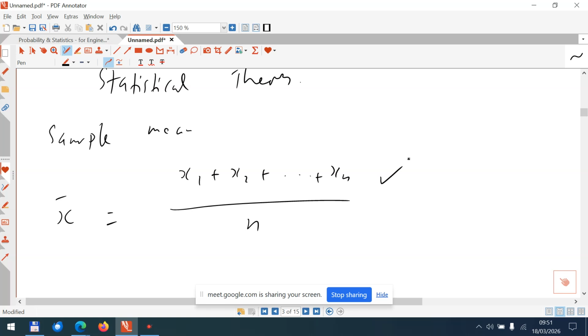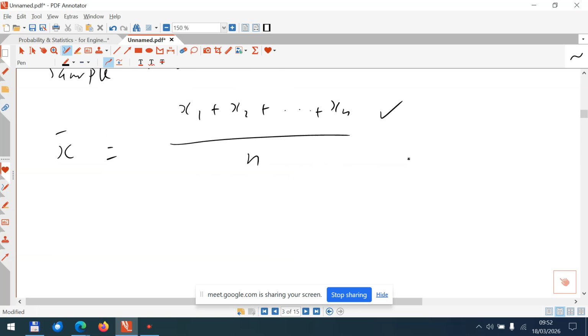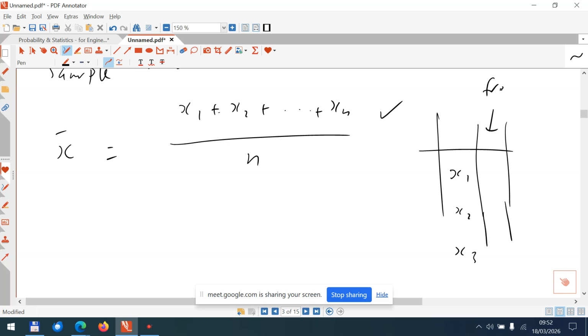This was the usual formula, but I told you that a much more interesting formula can arise if you use x1, x2 not for values in the data set, but for unique values. So if you have a frequency table, you look for unique values, so that they don't repeat, and you say x1, x2 are the unique values, and here I will have a column of frequency.